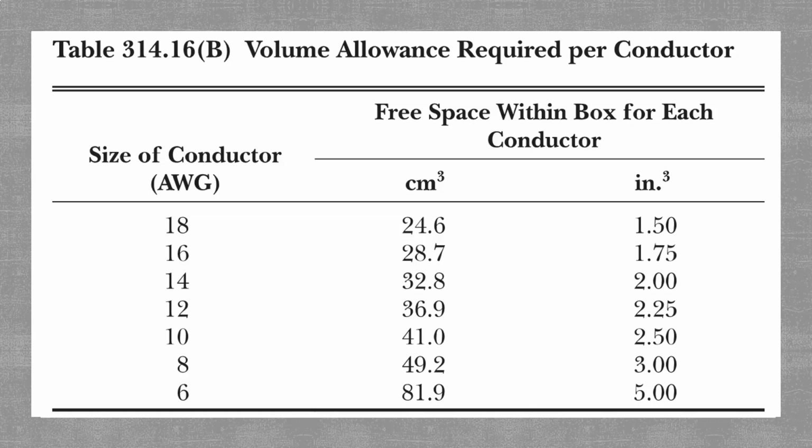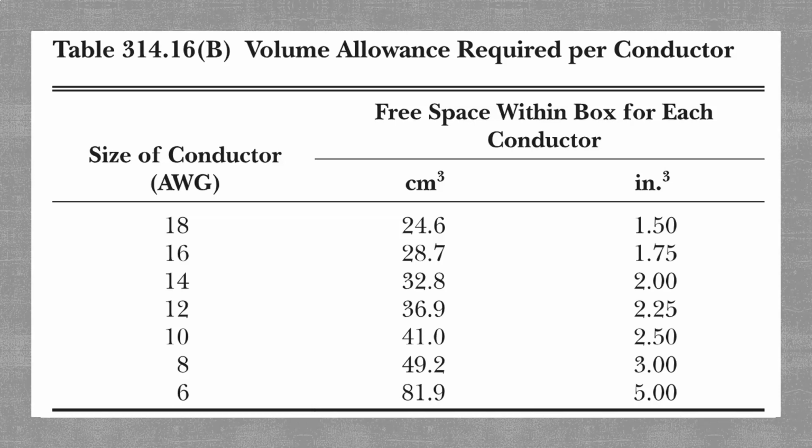On our previous picture, I said there was a total of 10 allowances. The largest conductor in that box was a 14 gauge conductor because we were using 14-2 and 14-3 cables. So for those 10 allowances, we would go to 14 in our size of conductor column and go straight across that row to 2.0 cubic inches.